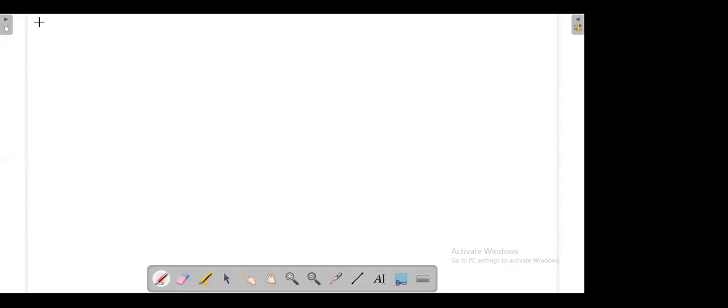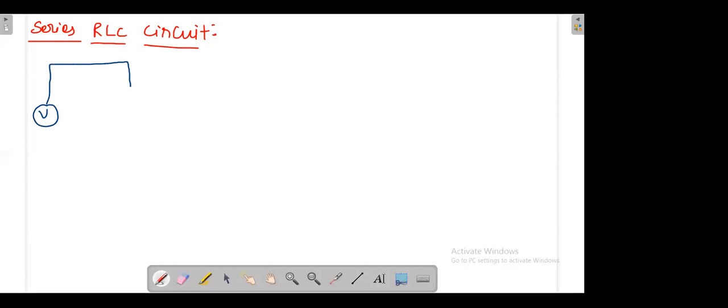Series RLC circuit. A voltage source is there, and the resistor, inductor, and capacitor are all connected in series.